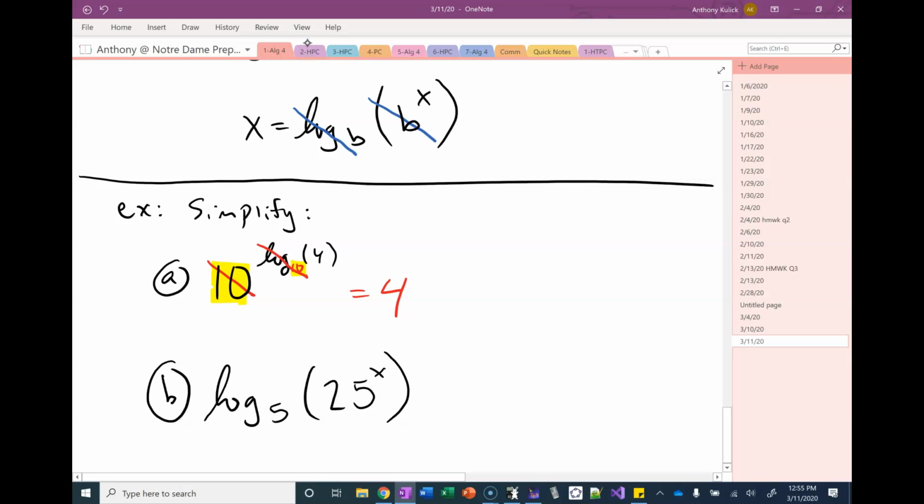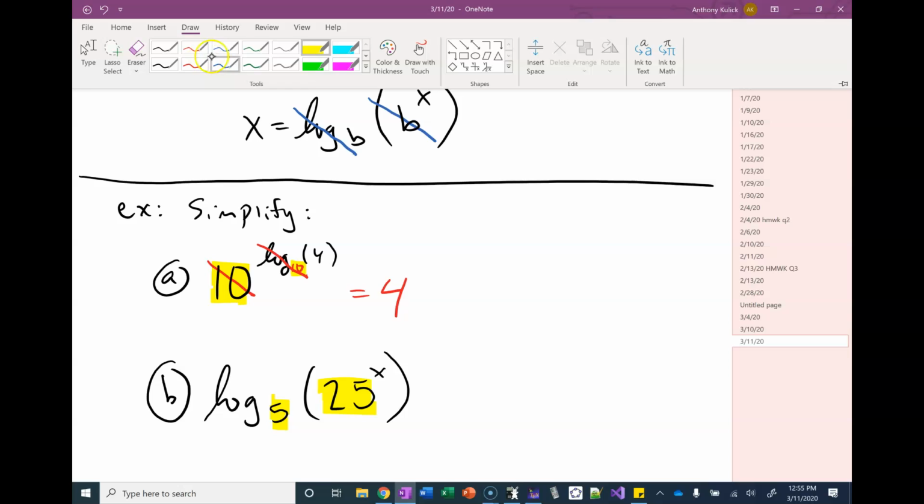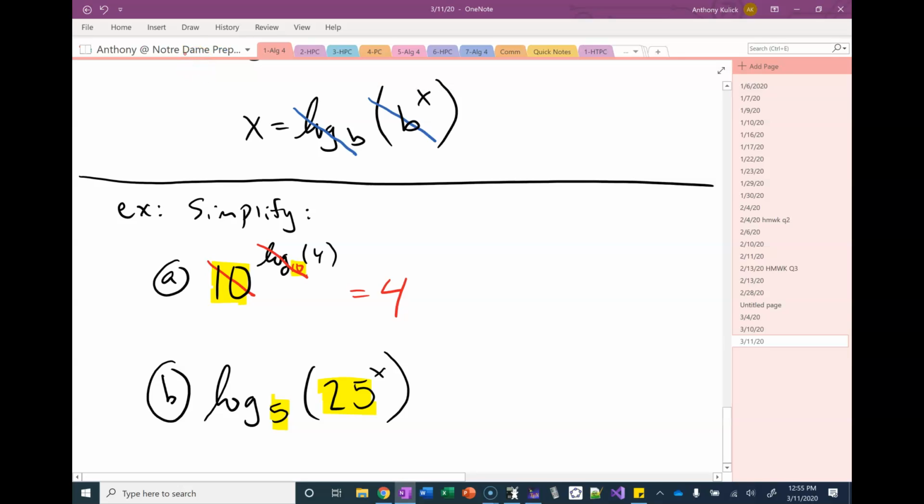What's the base of my logarithm? 5. What's the base of my exponential? 25. Those are not the same, right? So the way this is currently written, I can't do anything.